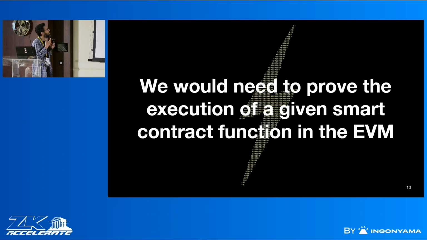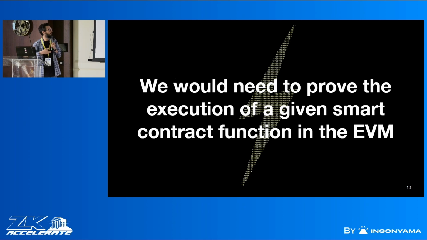But in order to achieve that, what we will need to do is to prove the execution of a given smart contract function in the EVM, because those functions need to run in the Ethereum virtual machine, right? And it turns out that it should be trivial if you are able to run the EVM within whatever ZK VM.